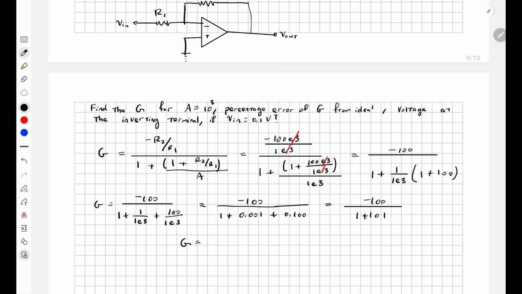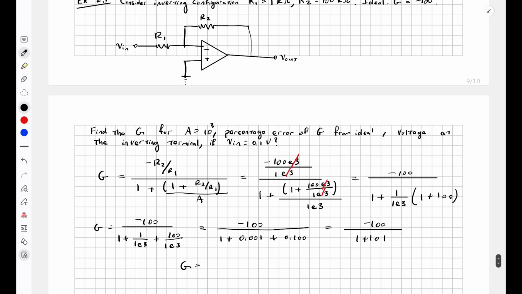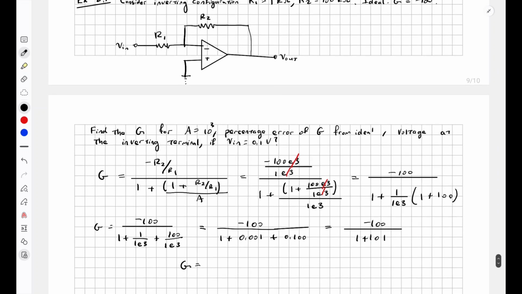So there's a small addition here: 1 plus 0.1 plus 0.001.